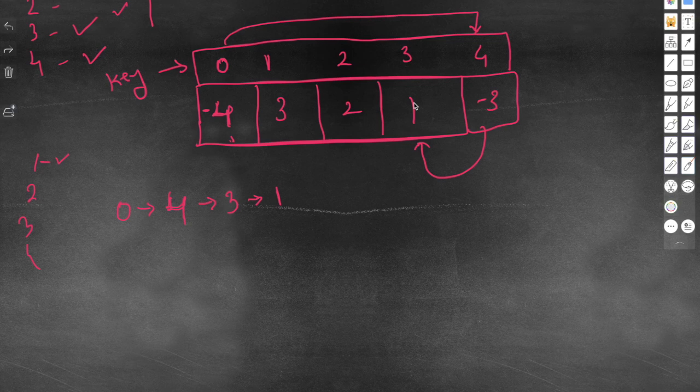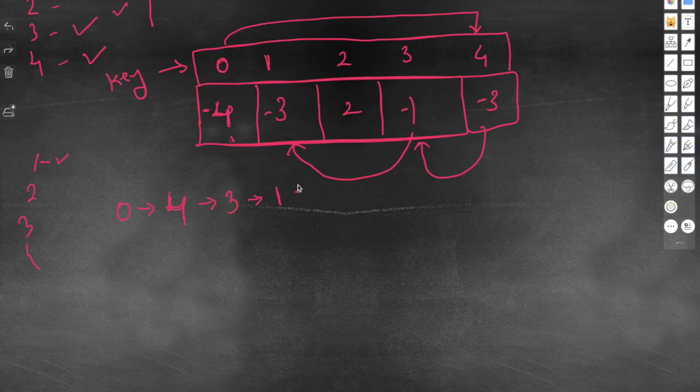But before going to 1, I will mark that I have already visited 3, so I will make this -1. I will go to 1 and I will get the value 3. But before moving ahead, I will mark 1 as visited.